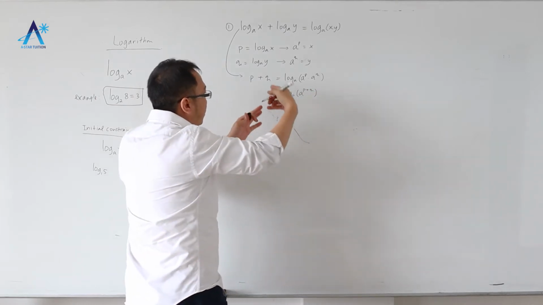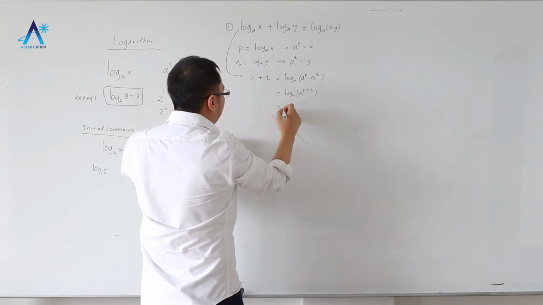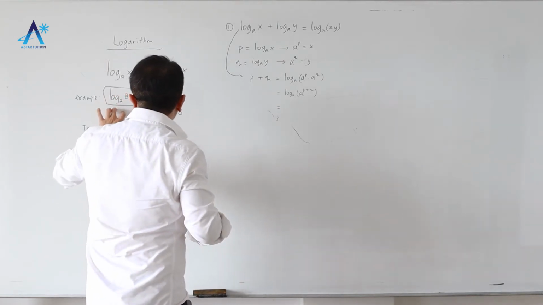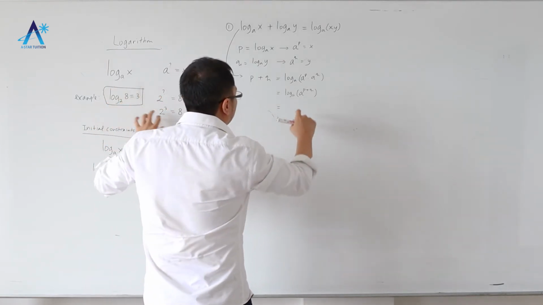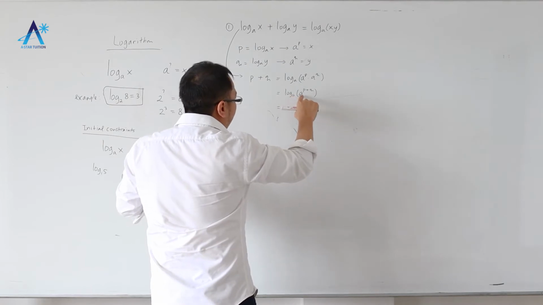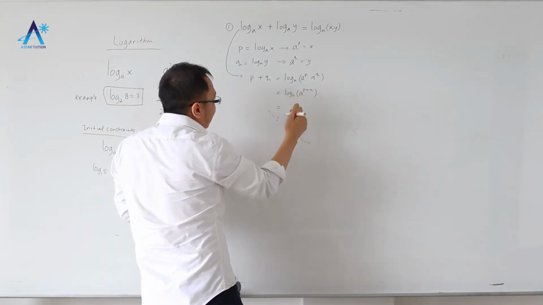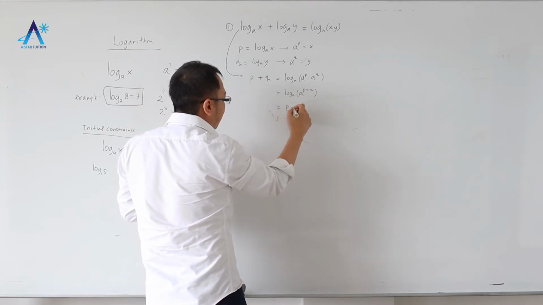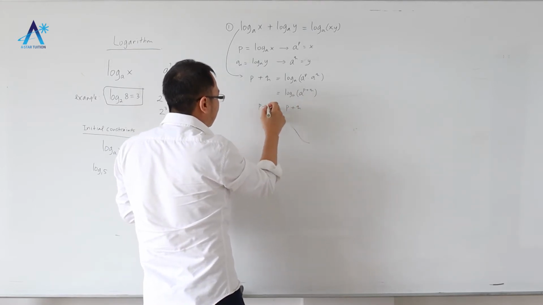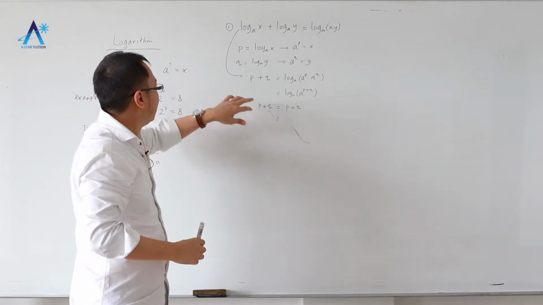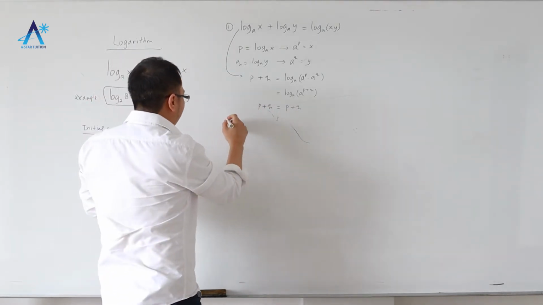It's the base to the power of the sum of the powers. Going back to the definition of log, log base a of a to the power p plus q means a to the power what is equal to this, which is equal to p plus q. And therefore we have verified this equation.